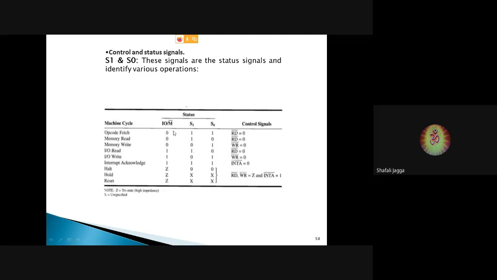Whenever the IO/M bar signal is 0, it means it is doing a memory related operation, and the S1, S0 signals decide whether it has to read the opcode, read the data, or write the data to memory. So it will be decided by the status signals.